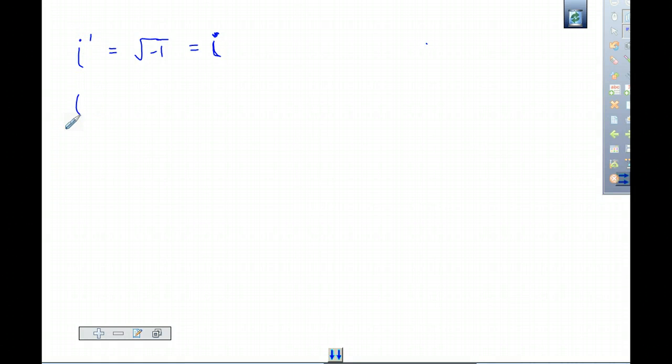What would i to the second power be? 2 to the second power means 2 times 2, right? So i to the second power, well, we know i is this, so root negative 1 times root negative 1.